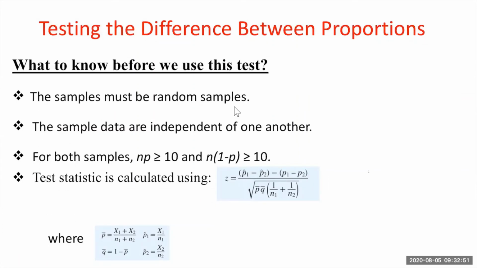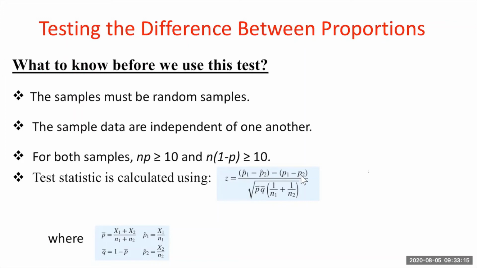The sample must be random. The samples must be independent because we are talking about P and Q. N times P and N times Q, 1 minus P is Q, must be greater than 10. And if we are not using calculator, the test statistic is calculated using this formula. You can see here we have P1 hat, P2 hat, that is the sample proportions.